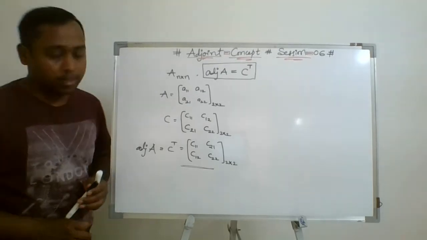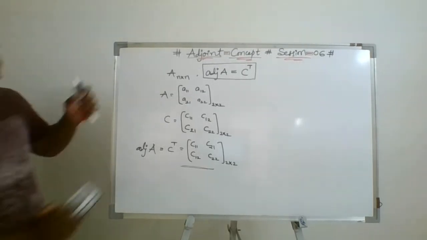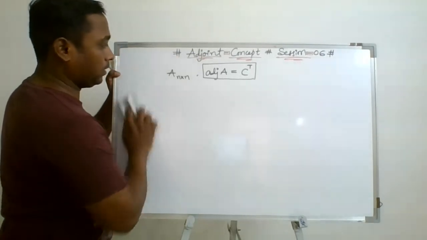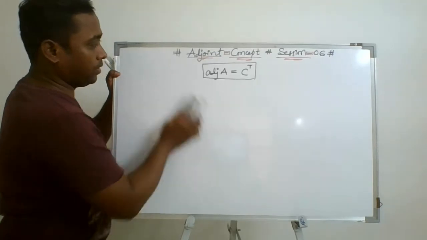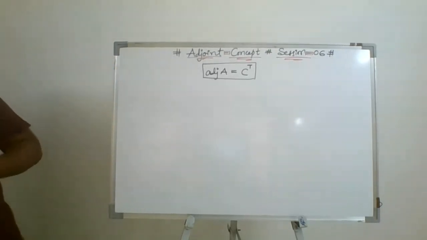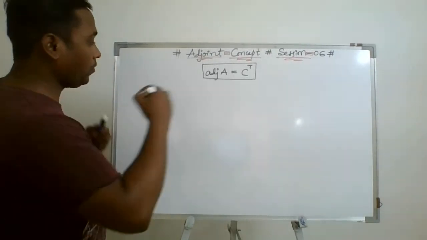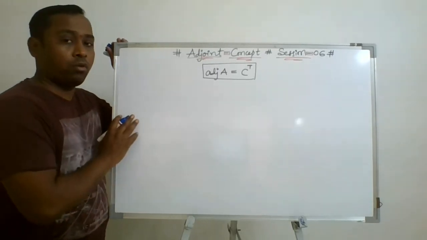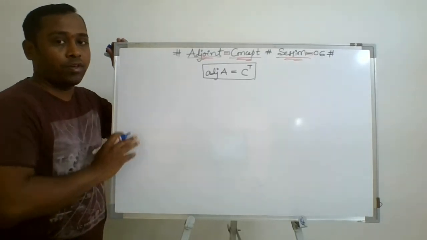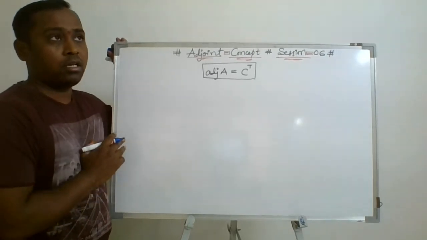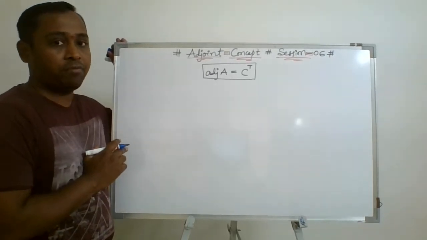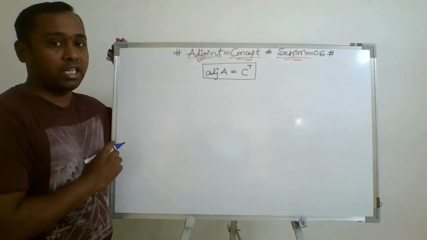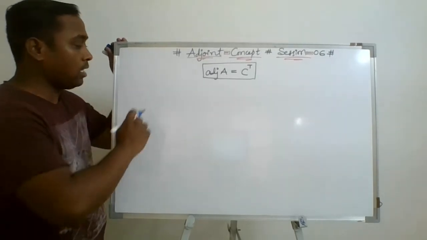Okay, let's see. So now, before discussing this, I wanted to recall one important result which we have discussed in the matrices chapter, where we were discussing the elementary row operation method to find the inverse of a square matrix.